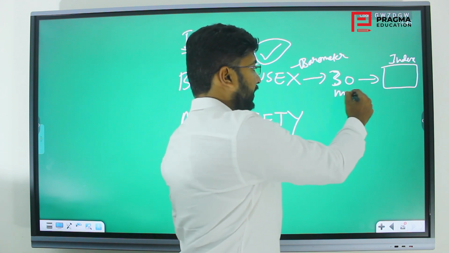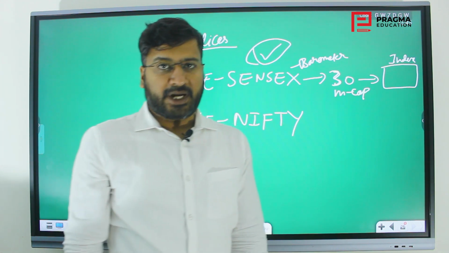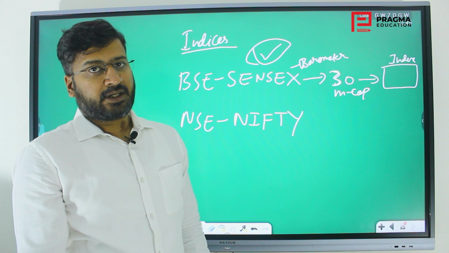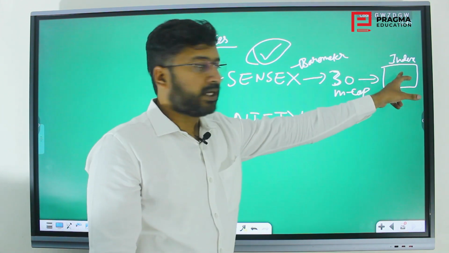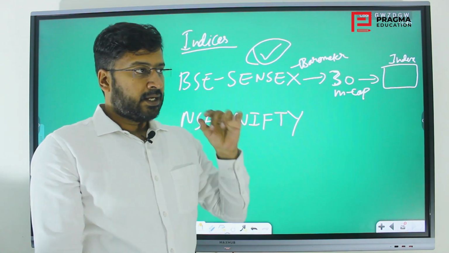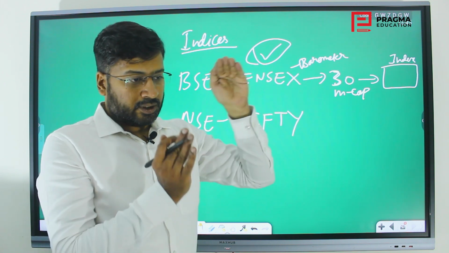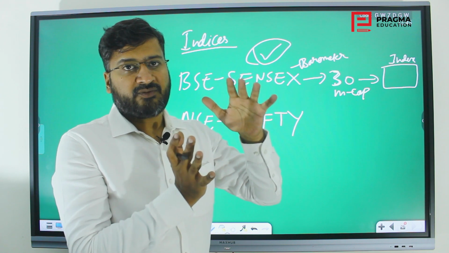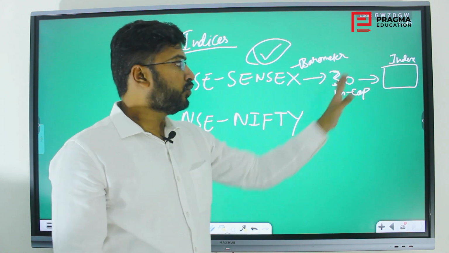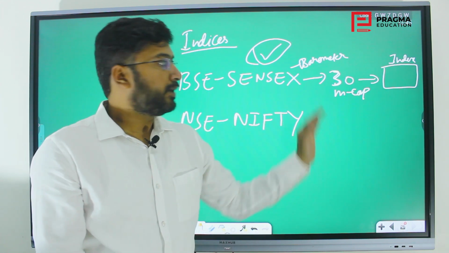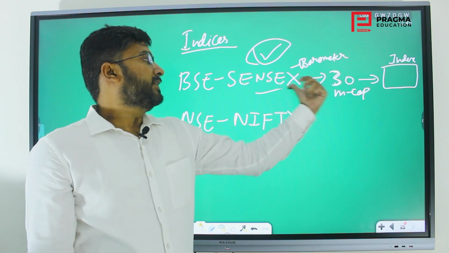What is MCAP? Market capitalization shares or the company shares will be bunched together into one index, and the movement of those shares is seen as the underlying trends will be watched or will be observed through that index or that particular Sensex.